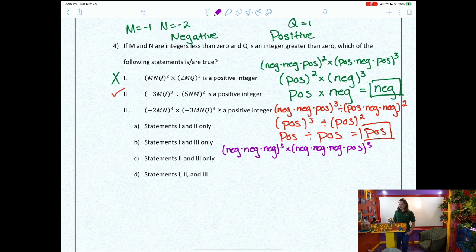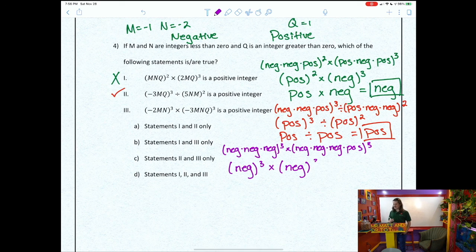A negative times a negative is positive. That positive value, however, times that last negative on the left is going to retain that negativity. So we're going to have a negative value cubed on the left. On the right, we have a negative times a negative times a negative. That's still negative, so that negative times a positive will be negative overall. So we're going to have a negative value cubed.